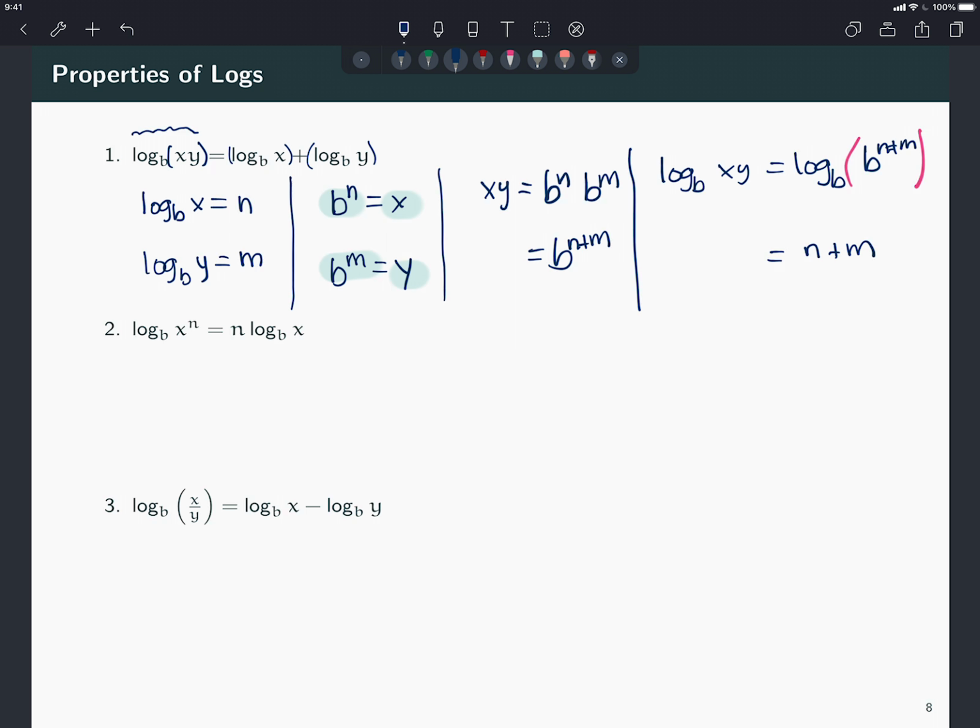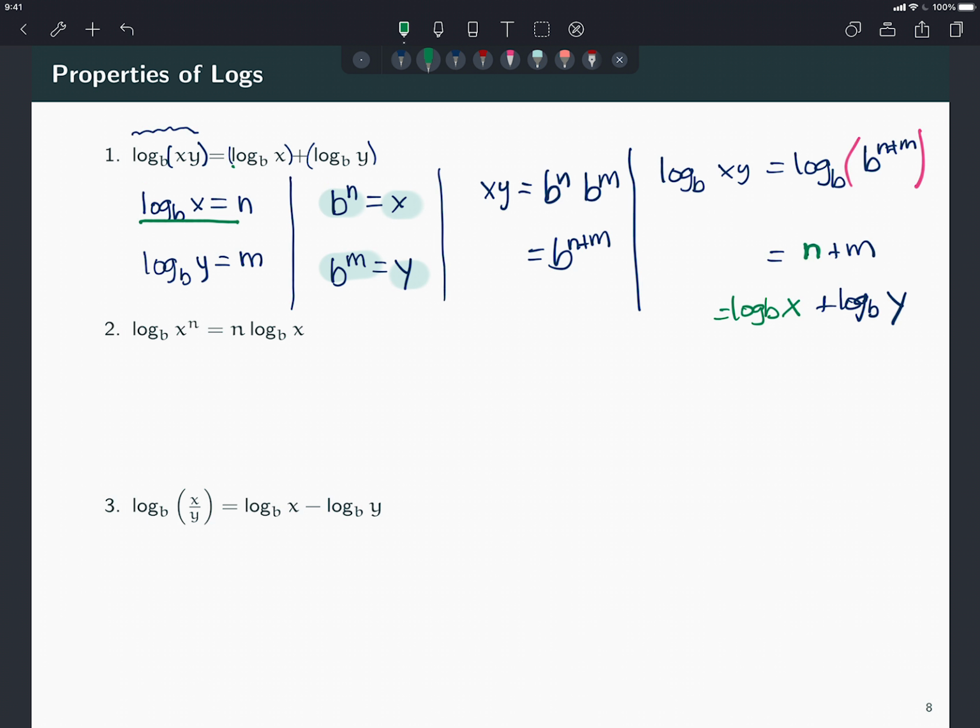Now this quantity n, I can write as the log base b of x, and the m is, of course, the log base b of y.